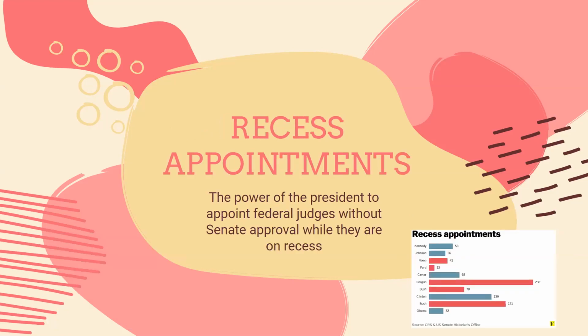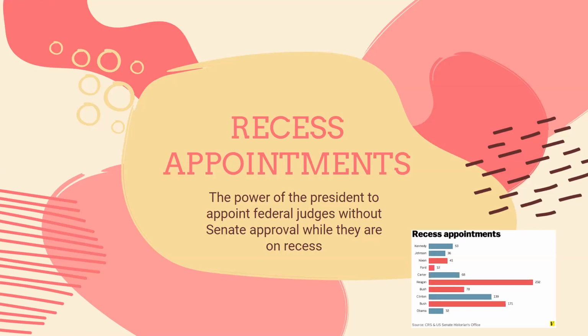Recess appointments, so they're basically the appointment power, but during recess appointments, the president can appoint federal judges without Senate approval while they're like on recess. So when the Senate is not in session, the president can appoint federal judges and doesn't need any approval at all.